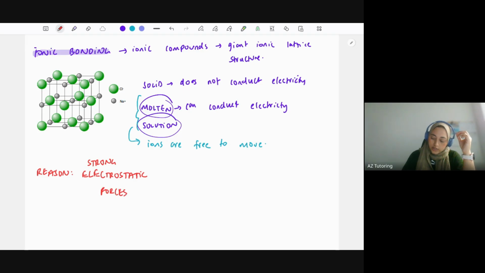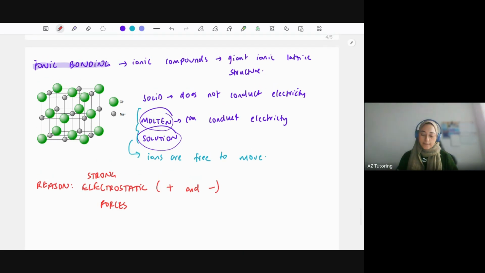Whenever you see the word electrostatic, and you will end up seeing it in physics as well, it basically means between positive and negative. Whenever you've got an attraction between something positive and negative, that's an electrostatic force. In this case, we've got a positive sodium and a negative chlorine. So that's why it's electrostatic forces.